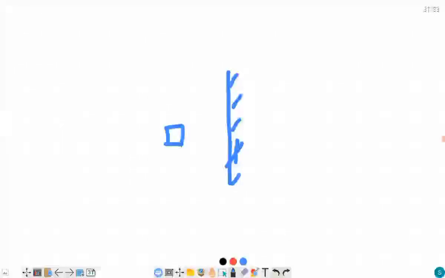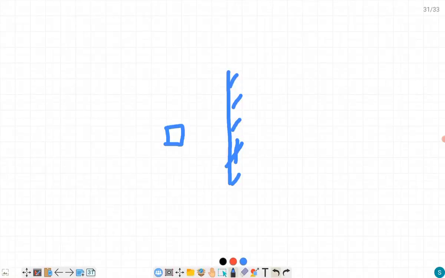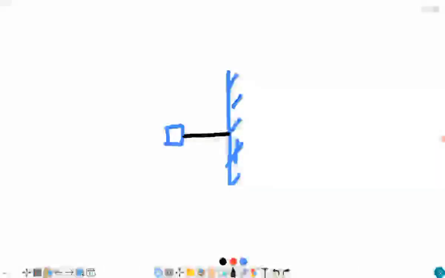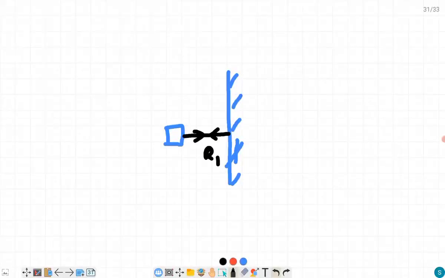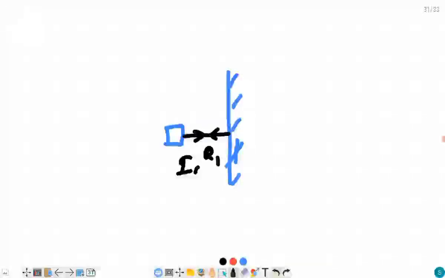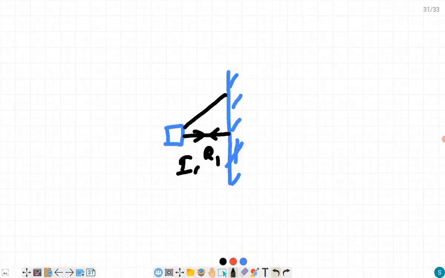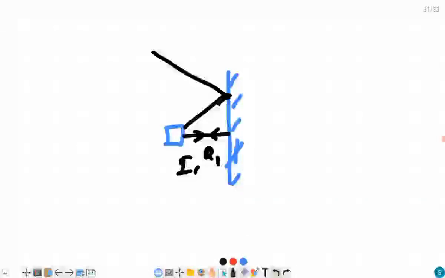In front of the mirror, fourth box I have taken. Now take the rays, the same rays I have taken now. This is R1, I1, and then one more I will take here, with the same angle. Now this is I2 and R2.